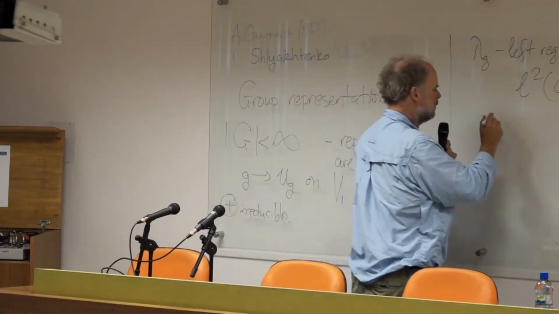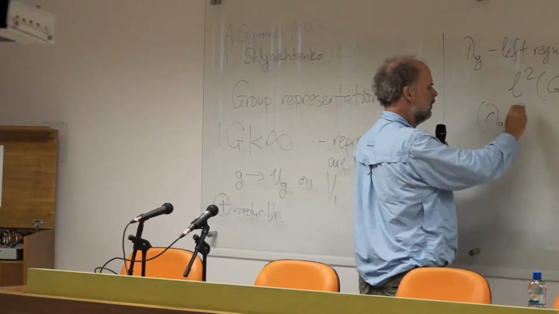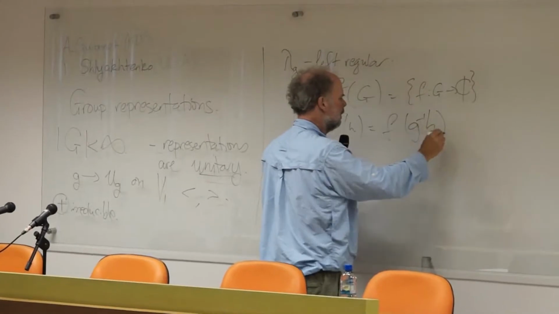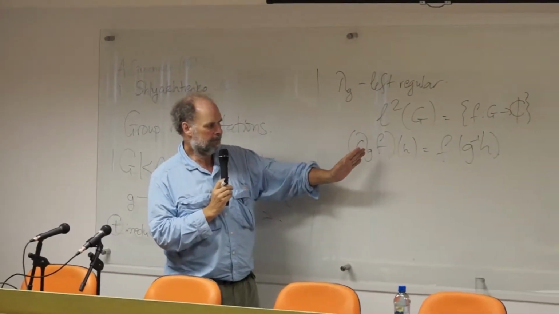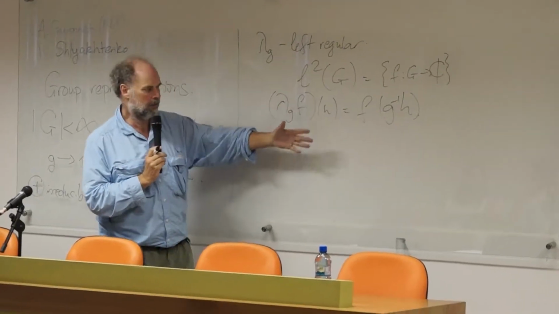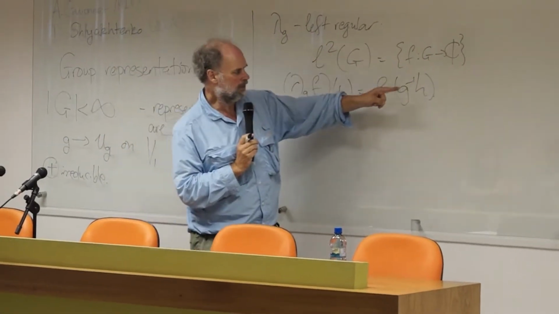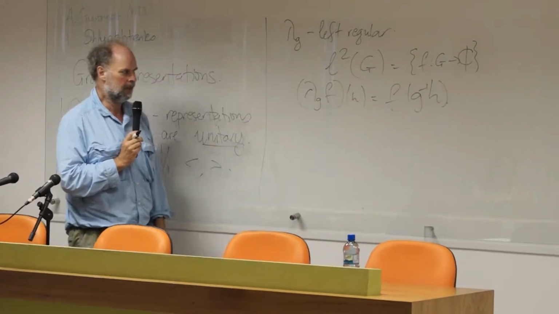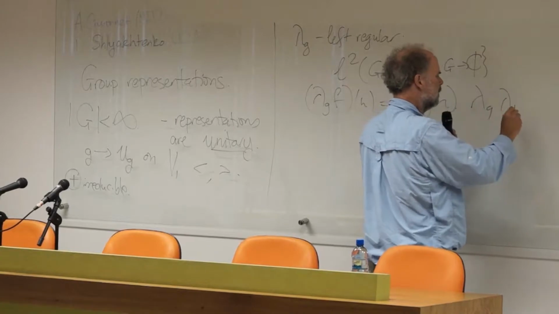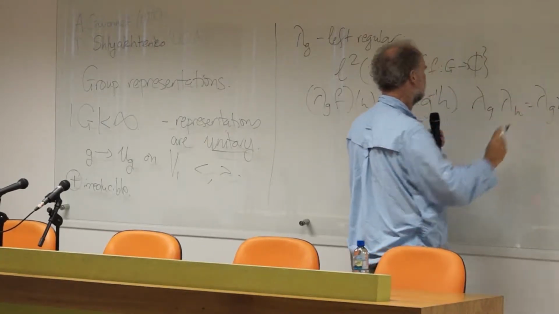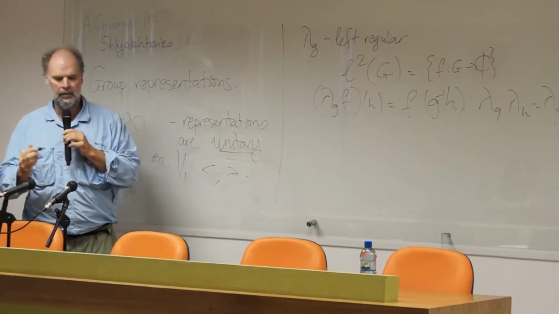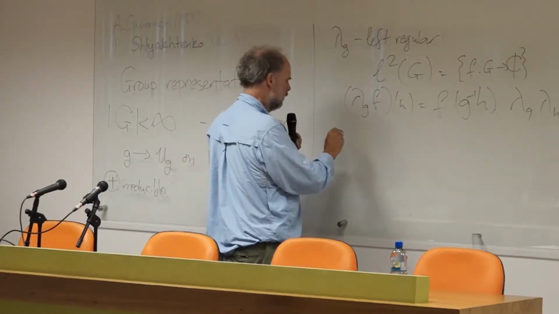So G acts on this by the following formula: lambda_G of f on h equals f of G inverse h. So this is just the left translation of the group acting on itself and then transported to functions, because on functions you have to stick in this inverse here to make it a representation. So we have lambda_G lambda_h equals lambda_{gh}. So this is the left regular representation, and it's a simple fact that any irreducible is contained in the left regular.